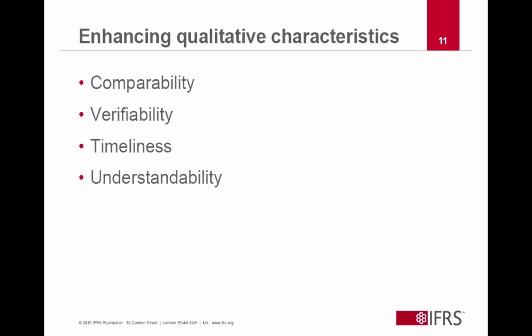Timeliness is another enhancing qualitative characteristic. More timely information is better than less timely information. But timeliness here is not about new information coming in financial statements. Timeliness talks about how the information is available to users of financial reports in a timely fashion with respect to the decision that they want to make.